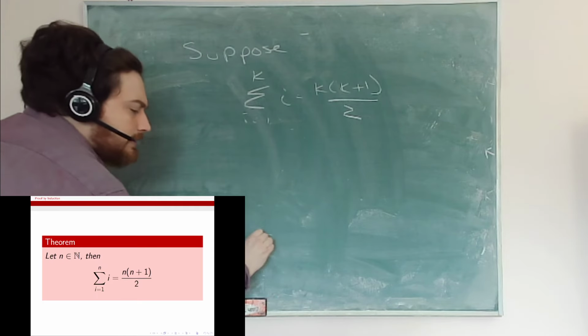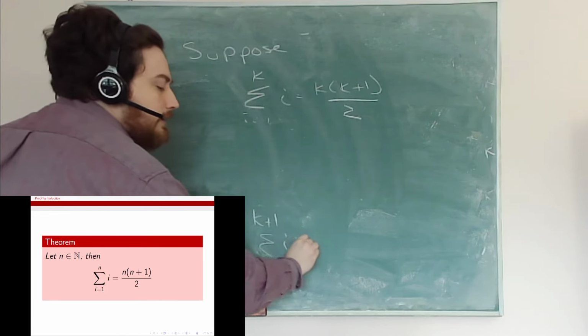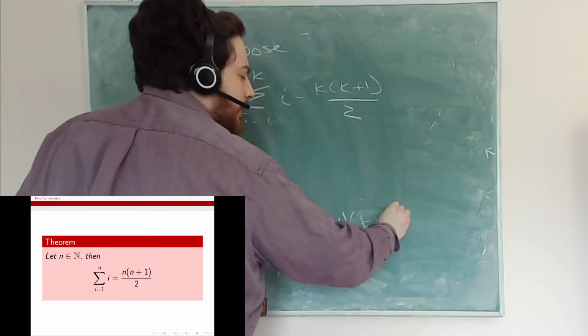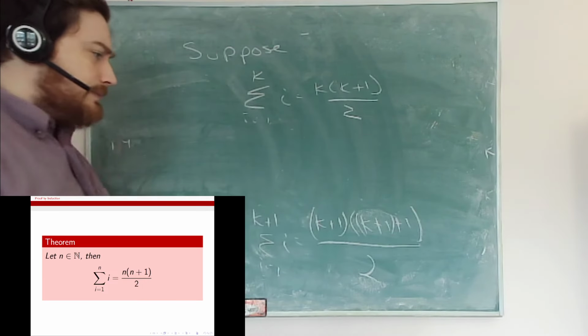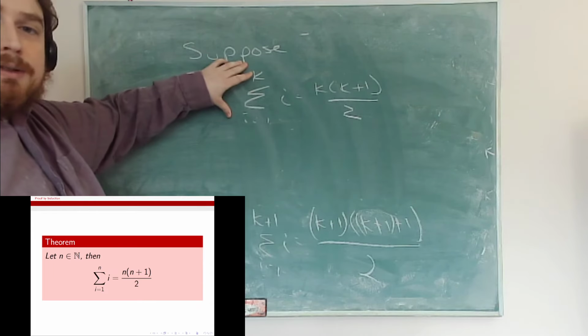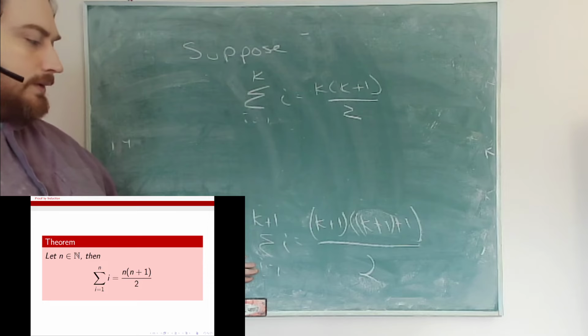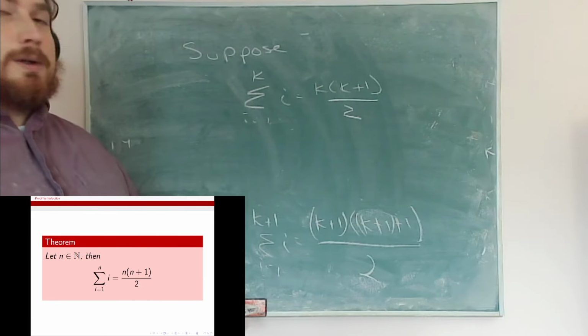And we want to show that the sum from i equals 1 to k plus 1 of i is k plus 1 times k plus 1 plus 1 over 2. That's our goal: we get to assume the induction hypothesis, that is, this is true, and I have to show that this is true. So I want to show that the formula works for the k plus 1 term if it works for the k term.